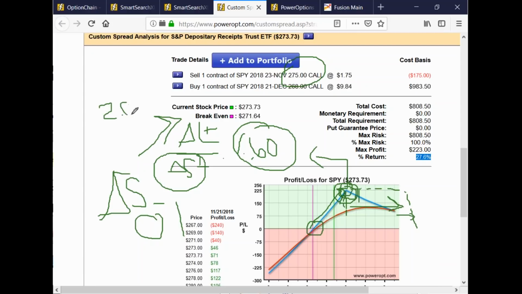That's worth 2 points of intrinsic value dead on with a delta of 1, my 275. What's the 268? Well, it's still holding a delta of maybe 0.79, 0.75. It's not at 1. It hasn't gotten to 1 yet. So at that point on the last day, any movement above the short call, I'm losing more on the short call than I'm gaining on my long, and that's why it moves back.